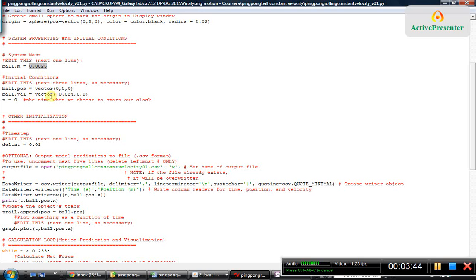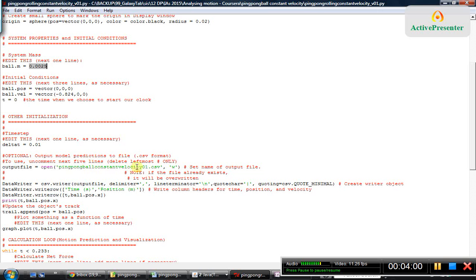Then its initial position is 0 at the origin, and velocity is minus 0.824 along the x-axis. Y and z coordinates are 0. Then delta t is 0.01.